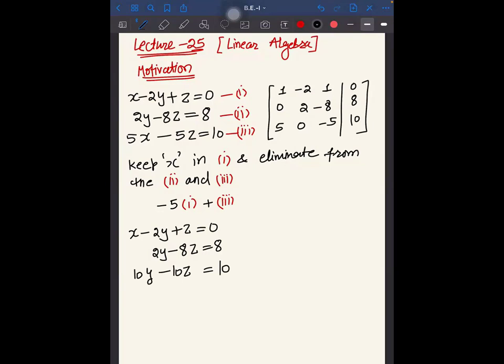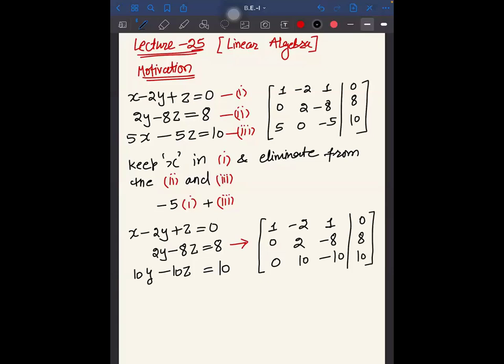Yes, is it fine? So we'll keep on updating those coefficients in the matrix form as well. From this system we get this: 1 minus 2, 1, 0, 2 minus 8, 0, 10 minus 10, and here 0, 8, and 10.